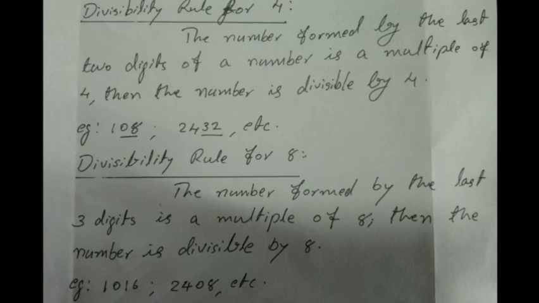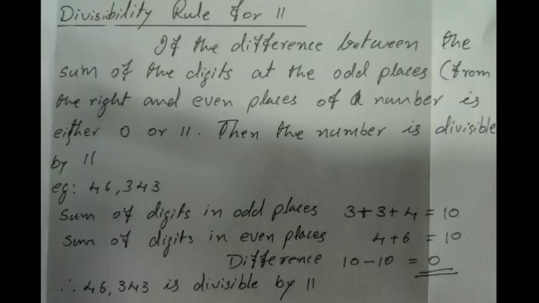Second example, 2408: last three digits 408. If you divide 408 by 8, it is divisible, so the number 2408 is a multiple of 8, or it is divisible by 8.